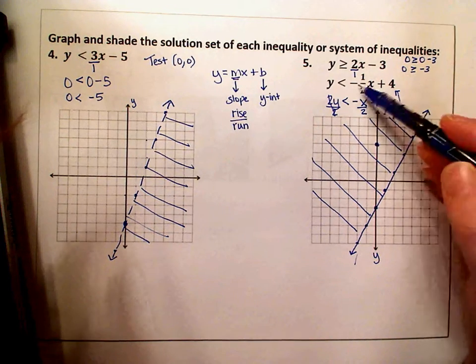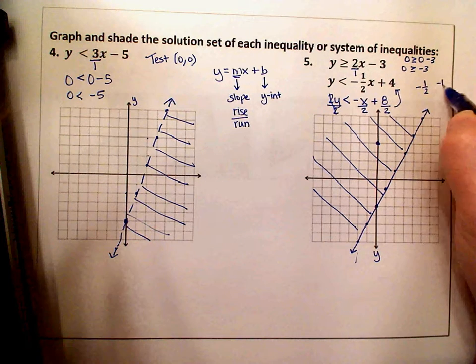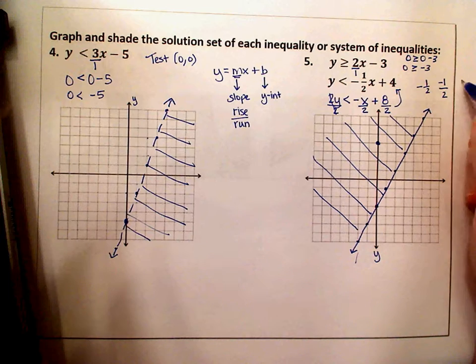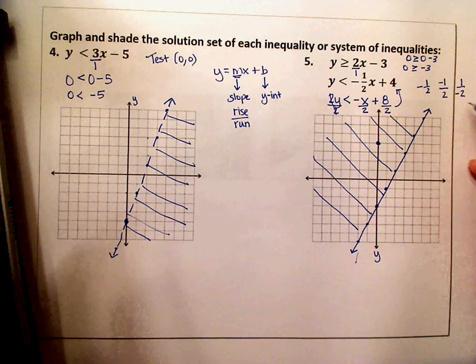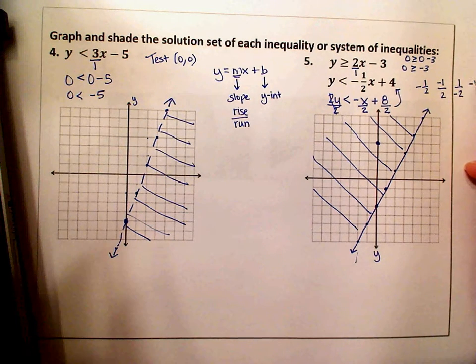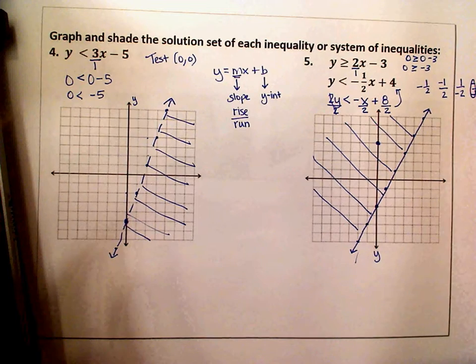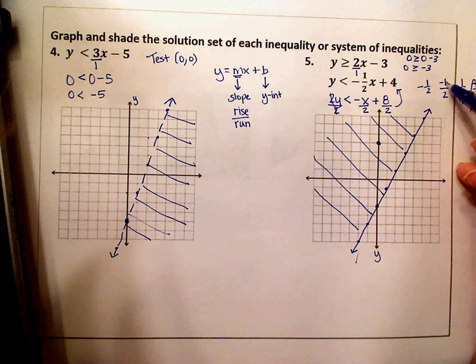So that -1/2 means I can either put the negative with the numerator and think of that as -1 divided by 2, or I can put the negative with the denominator and think of it as 1 divided by -2. I just can't make both of them negative, because if both the numerator and the denominator were negative, then my slope is actually positive. So if I do -1 over 2, that means I'm going down 1 and right 2.